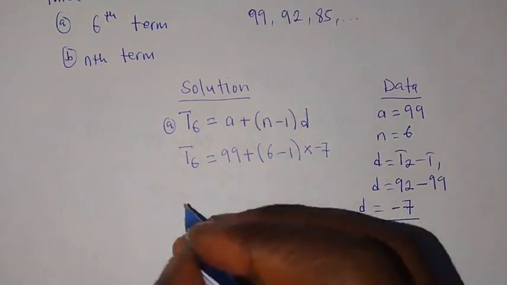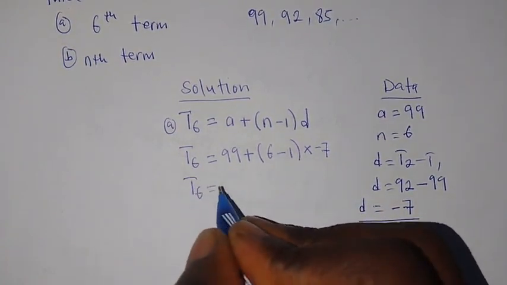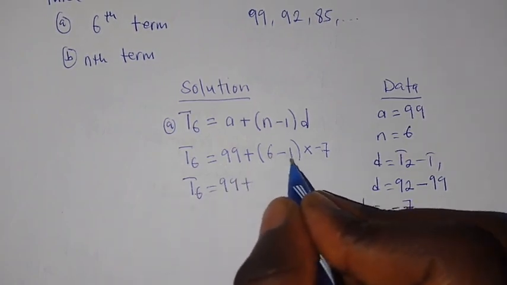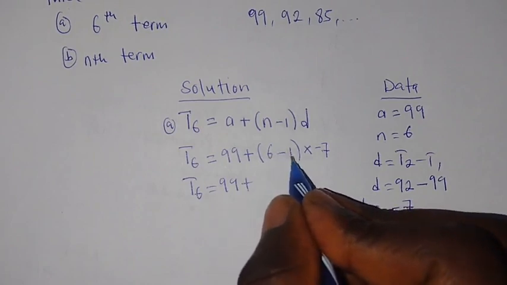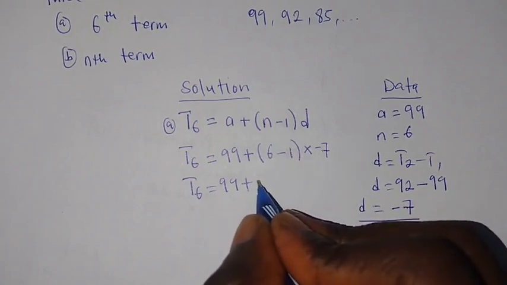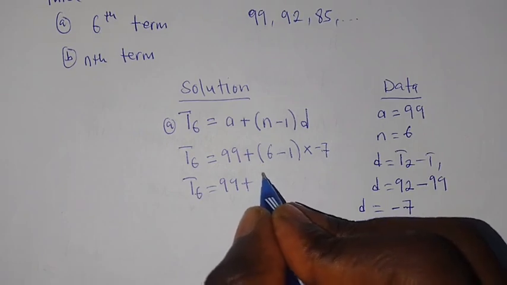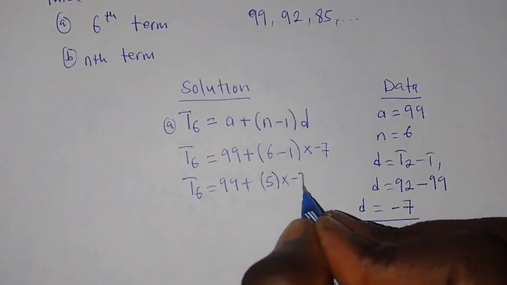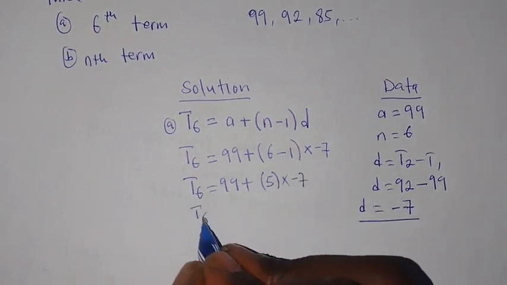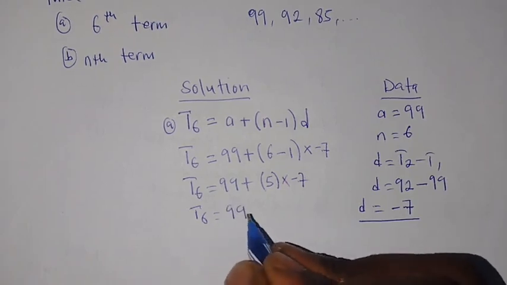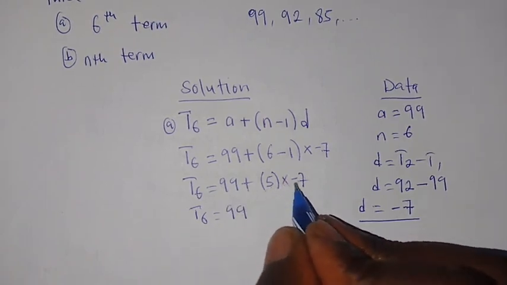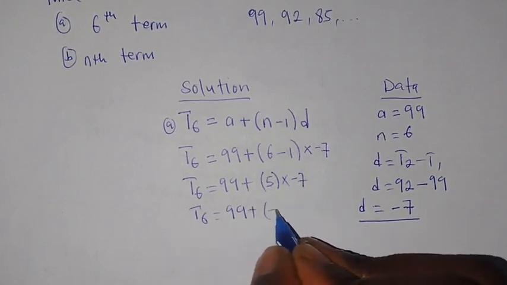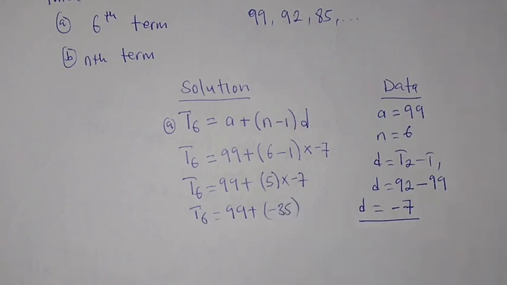First, we write term 6 equals 99 plus, and we deal with what is inside the brackets. 6 minus 1 will give us 5. Remember, this 5 has to be multiplied with negative 7. So term 6 equals 99, then 5 times negative 7 gives us negative 35, so plus negative 35, like this.